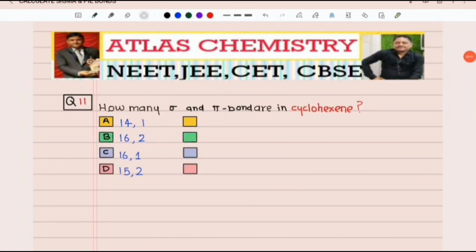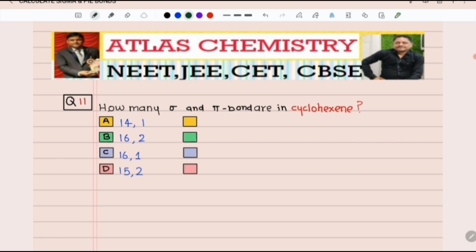Question number 11. Question 11 asks how many sigma bonds and pi bonds are there in cyclohexene. The options given are 14 sigma 1 pi bond, 16 sigma 2 pi bonds, 16 sigma 1 pi bond, 15 sigma 2 pi bonds.